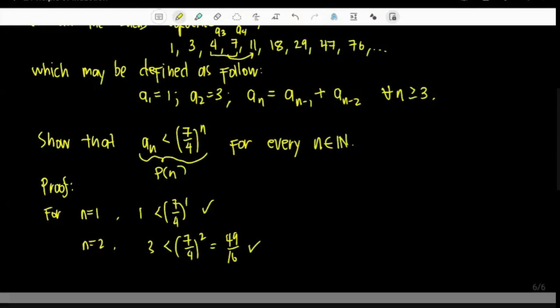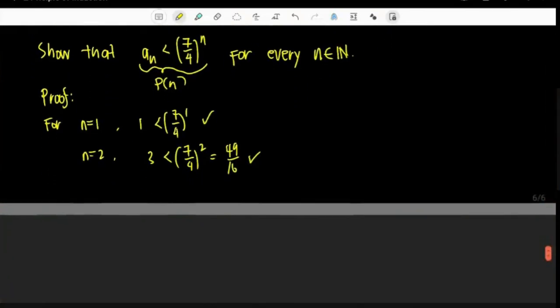Now, the next is to assume that for k greater than or equal to 3, since our general formula started for n greater than or equal to 3, we want to show that the inequality holds for n equals 1 up to k. So that's our assumption.